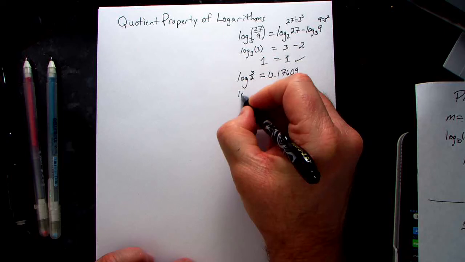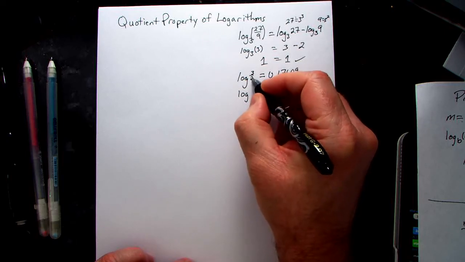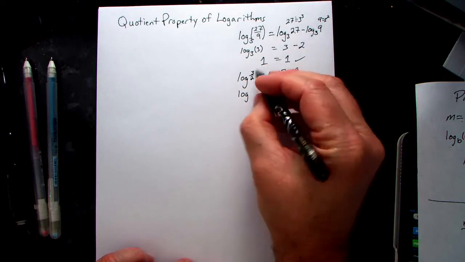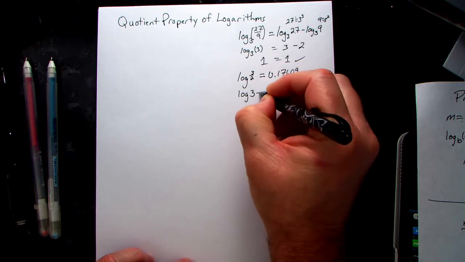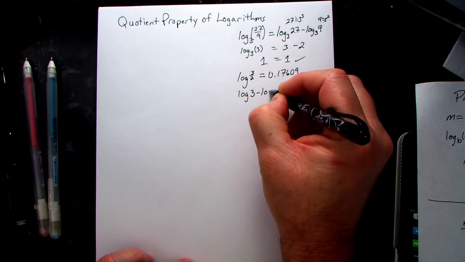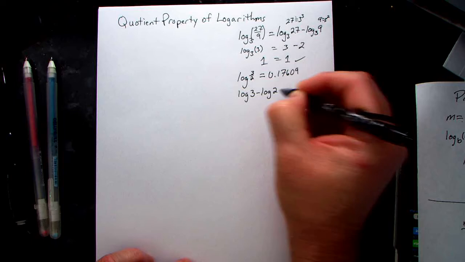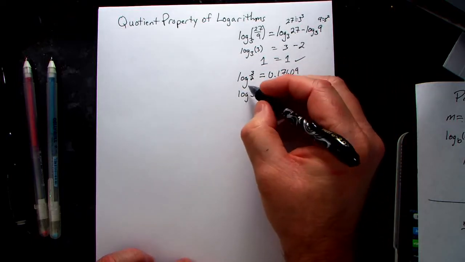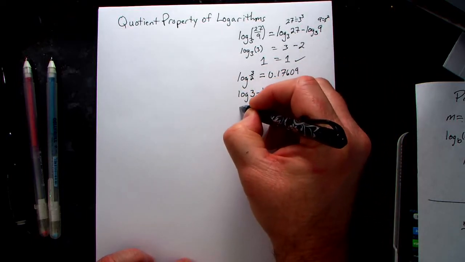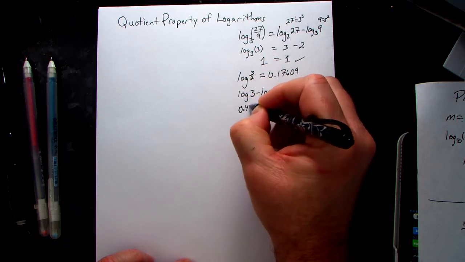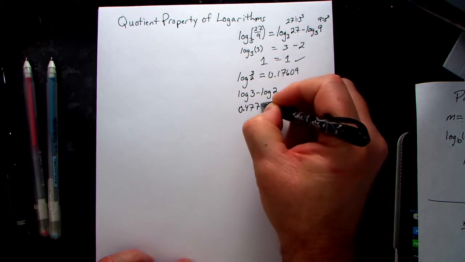Now let's take a look at what happens if we take the same logarithm and split it up using the quotient property. It says it should be common log of 3 minus common log of 2. Common log of 3 is 0.477121.